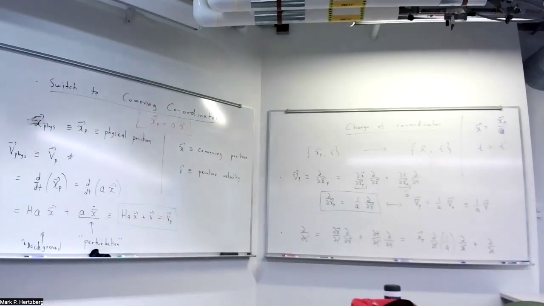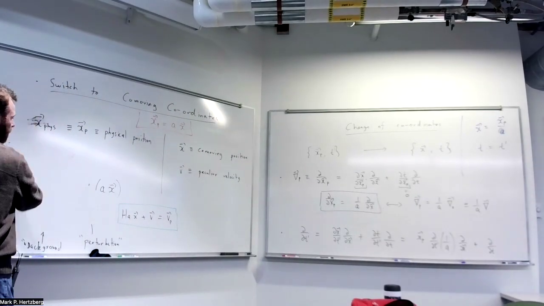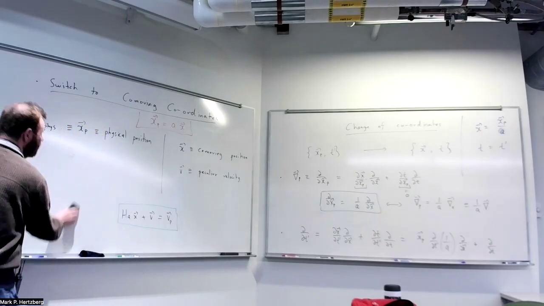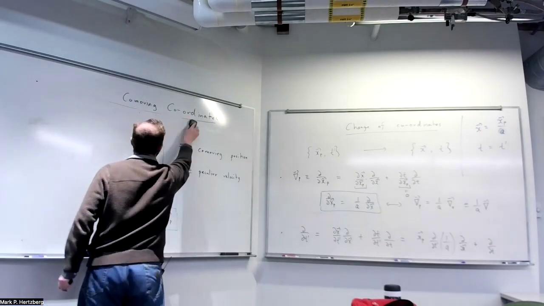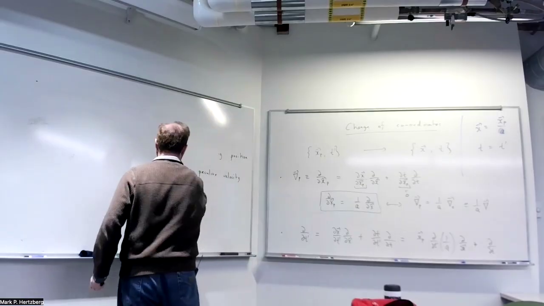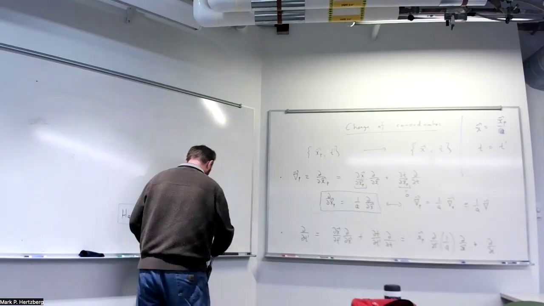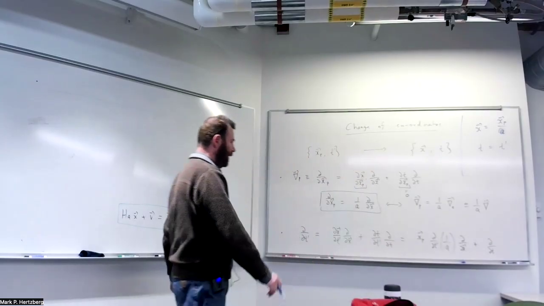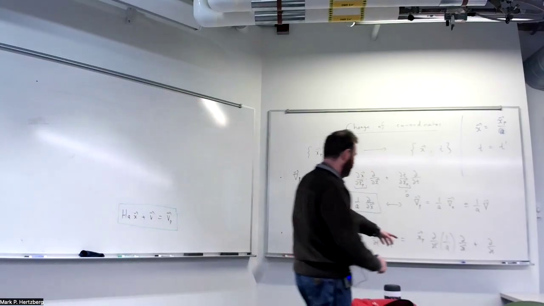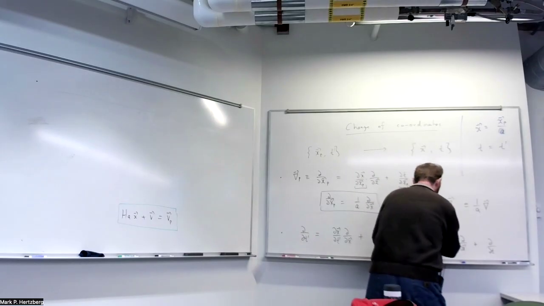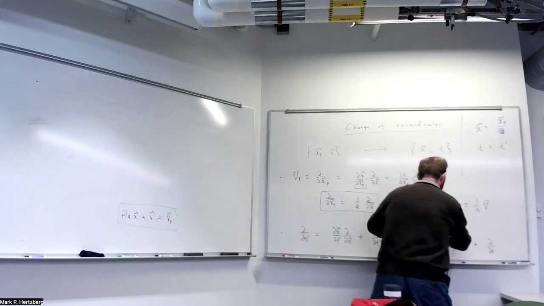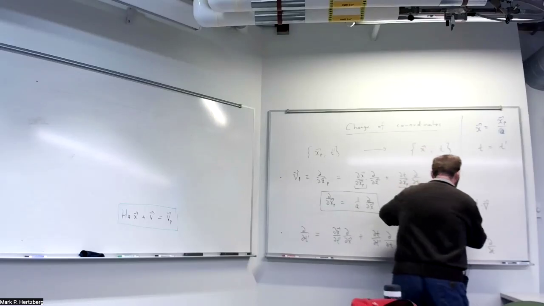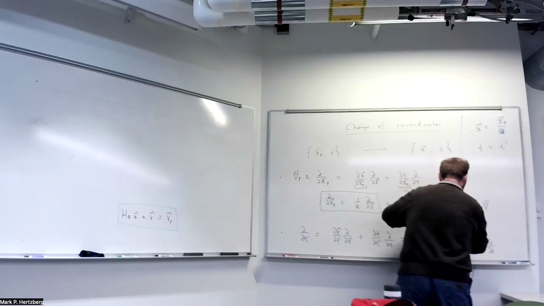Maybe I want to keep these equations, so I'll erase here. All right, we have the derivative of 1 over a. So this prefactor here, xp minus a.